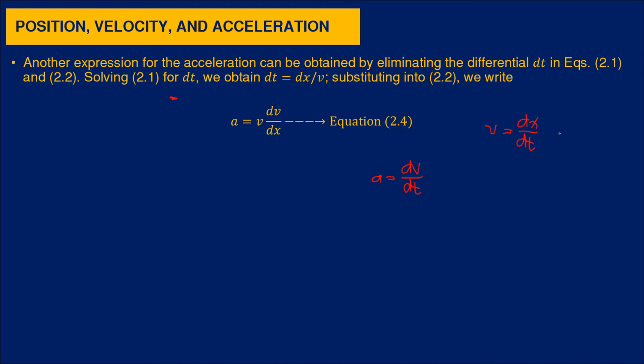We alter this equation in terms of dt. So we have dt equal to dx over v. Substituting this dt, we have a equal to v dv over dx. So that is the equation. Alright, so that would be all for the position, velocity, and acceleration.